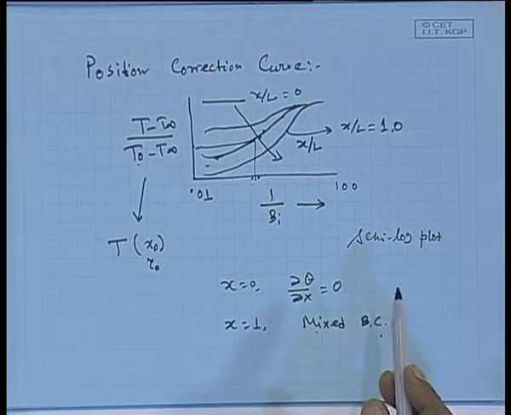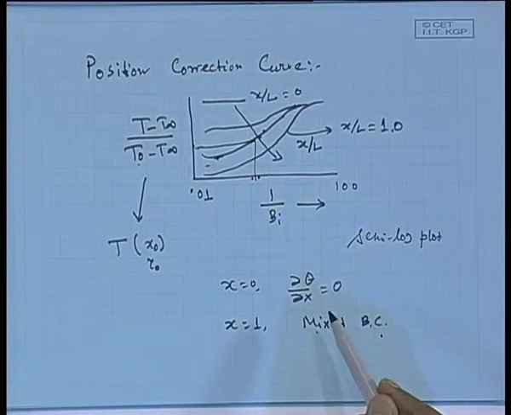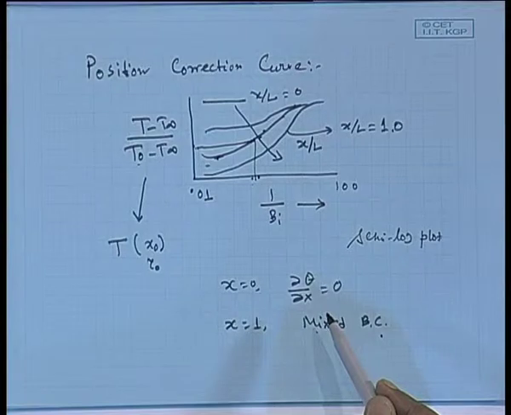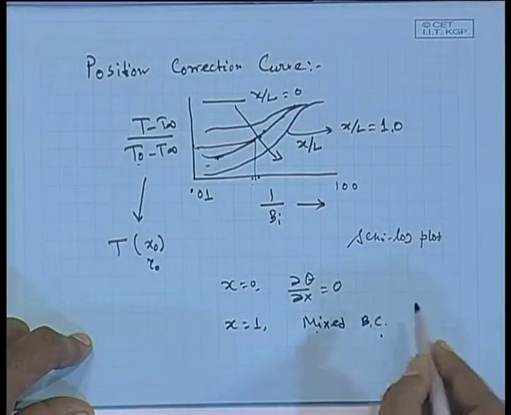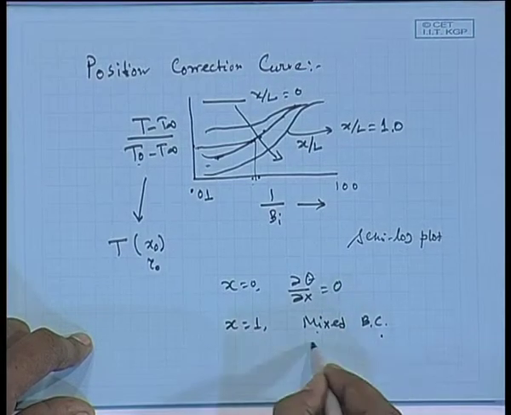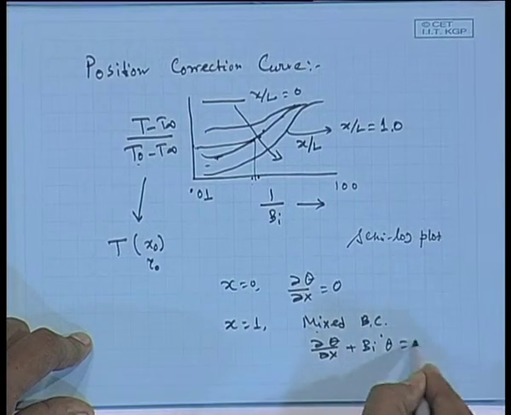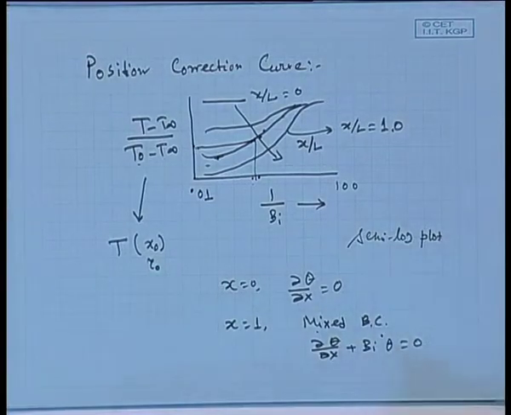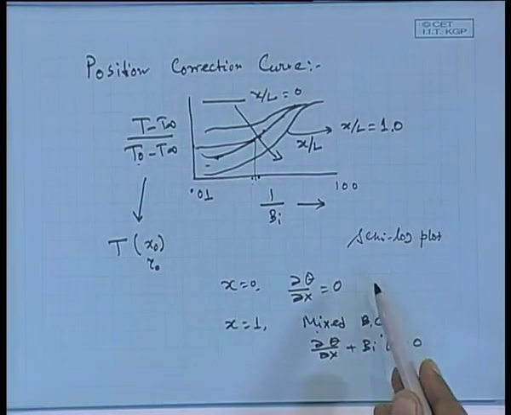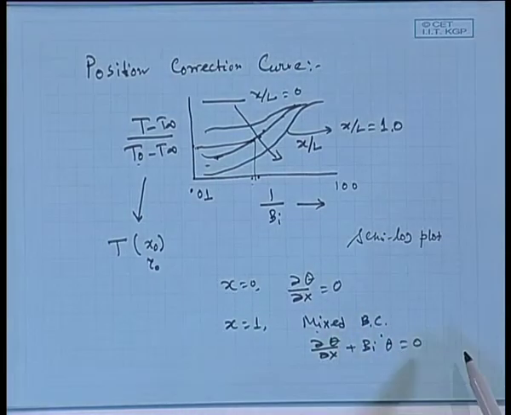Now, these charts do not include any non-homogeneity in your boundary conditions. All these charts are available for homogeneous boundary conditions. If your boundary conditions are homogeneous, let us say del theta del x plus Biot times theta is equal to 0, or theta equal to 0, or del theta del x equal to 0, or del theta del x equal to 0 and theta equal to 0, whatever.